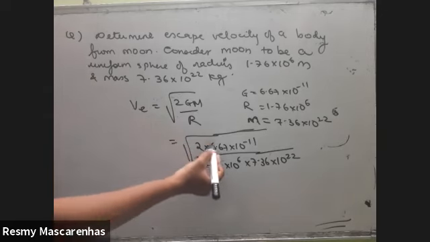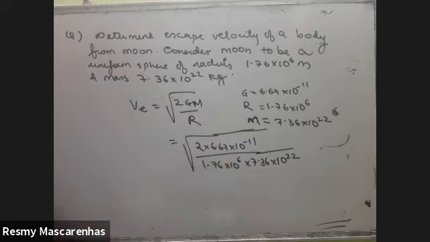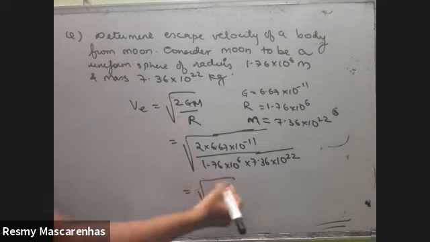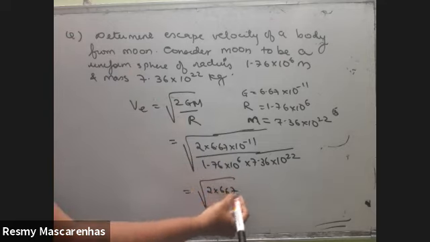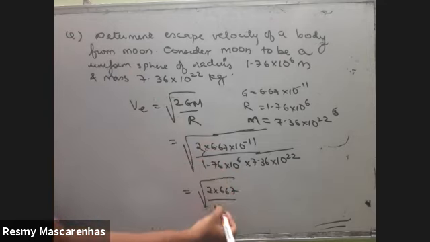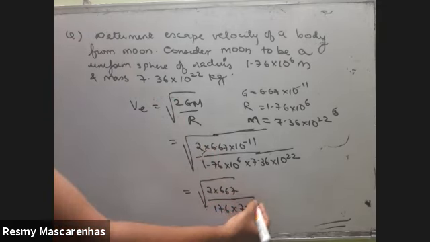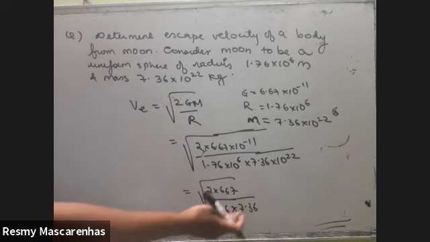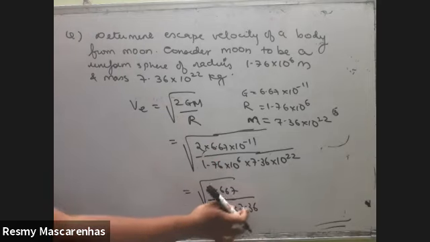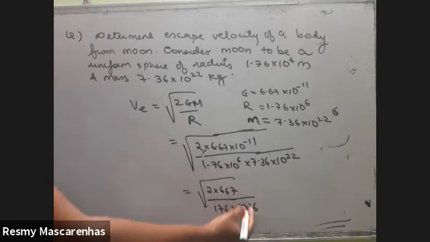So you can basically transfer these values. This will be 2 into 667 into 176 into 7.36. You can do it like this also: you are making it 736.